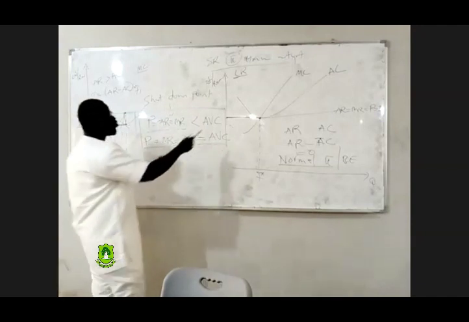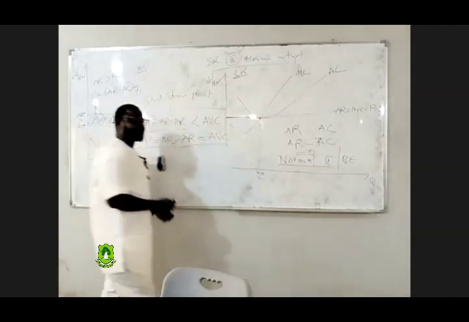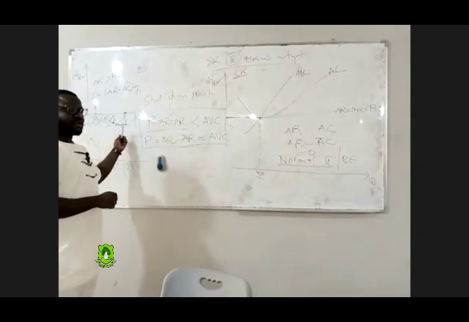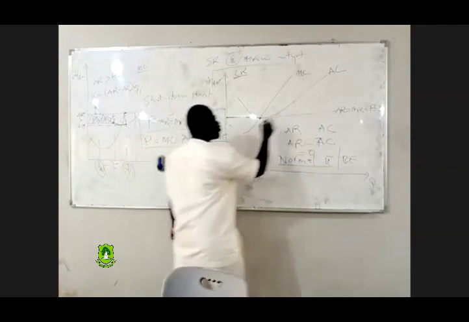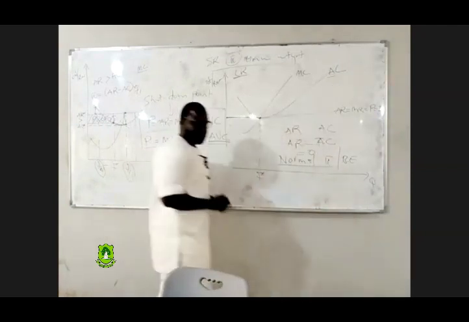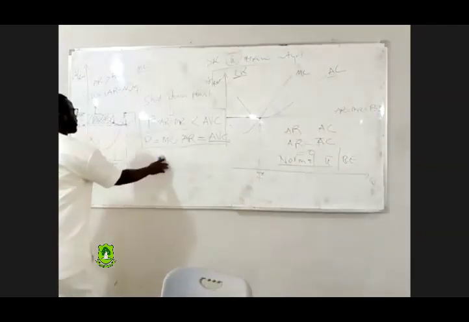But remember here, there's no way I left out the average cost curve, which I'm now coming to draw. Remember here is average variable cost, but here is what? So now let's look at this.